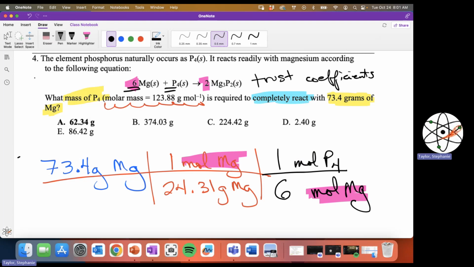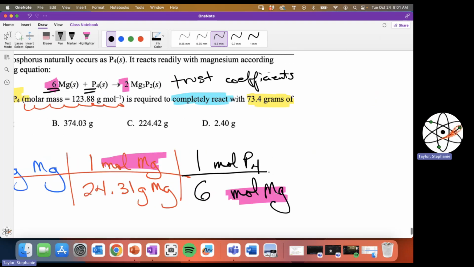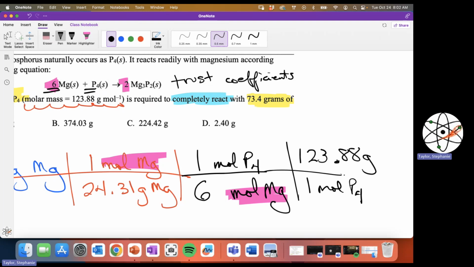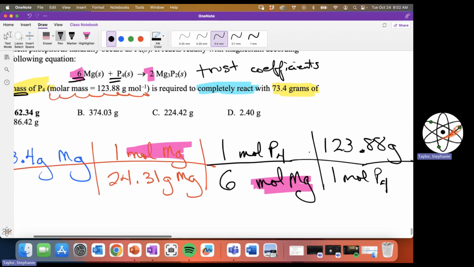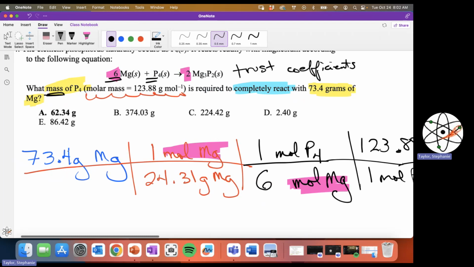And then, because it wants grams, it wants mass, I can also say that in 1 mole of phosphorus, I have 123.88 grams. I do usually do my railroad tracks all in one go because now I don't have to slow down.